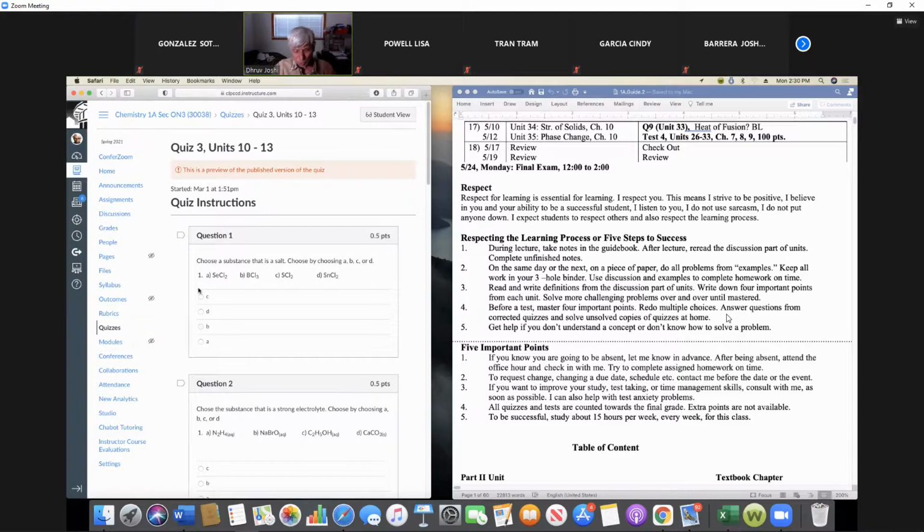The next quiz covers units 14 to 17, and the date is given there, though you'll be taking it on the date after that or in the evening. It's going to be 30 or 35 minutes, and I expect you to know how to write the correct formula right away.